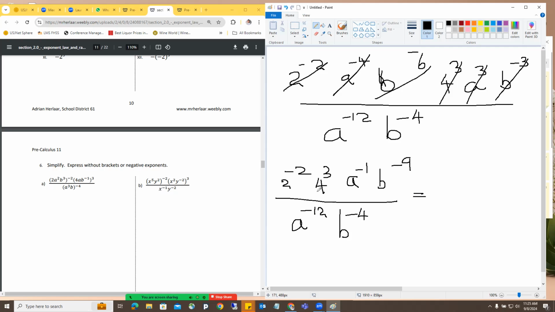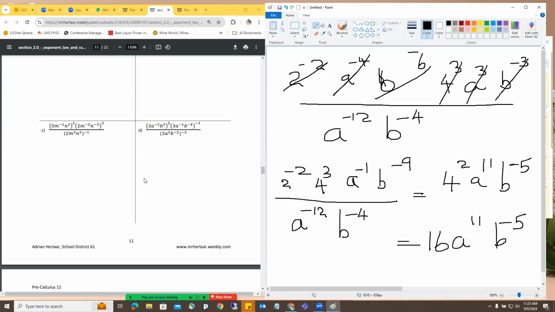So 1/4 times 4 to the power of 3 means 4 to the power of 2 will be there. A to the power of -12 minus -12 means plus 11. B to the power of -5. Is this the answer? 16. A 11, B -5.